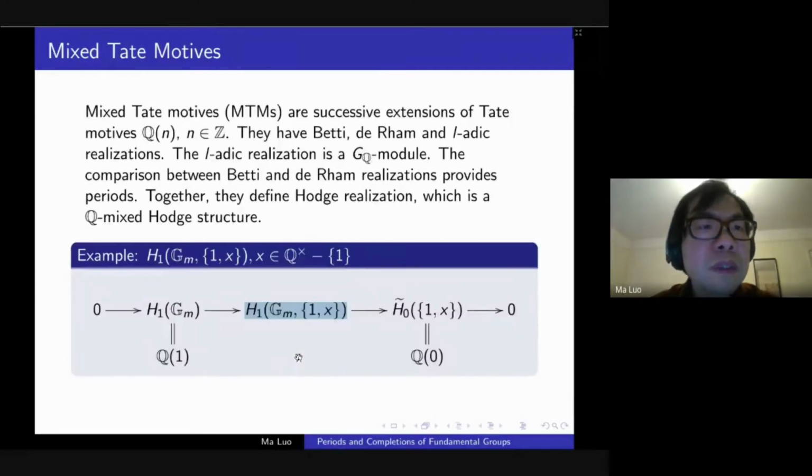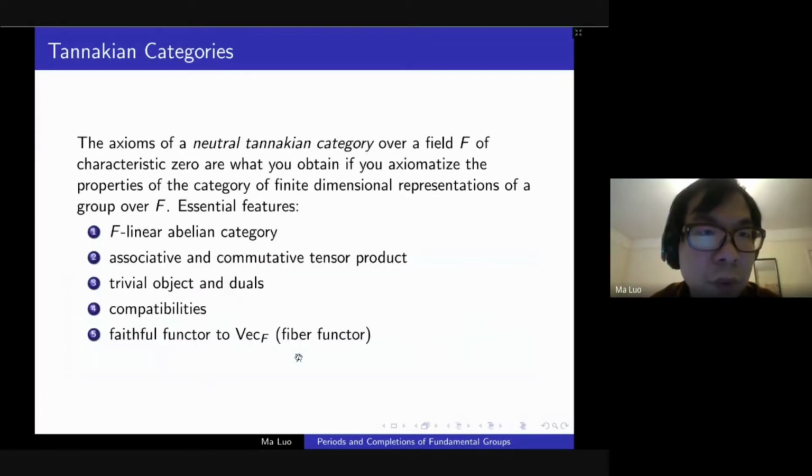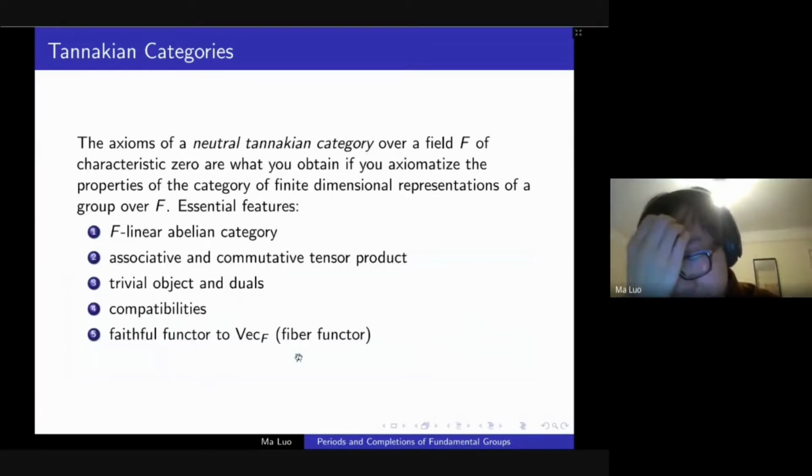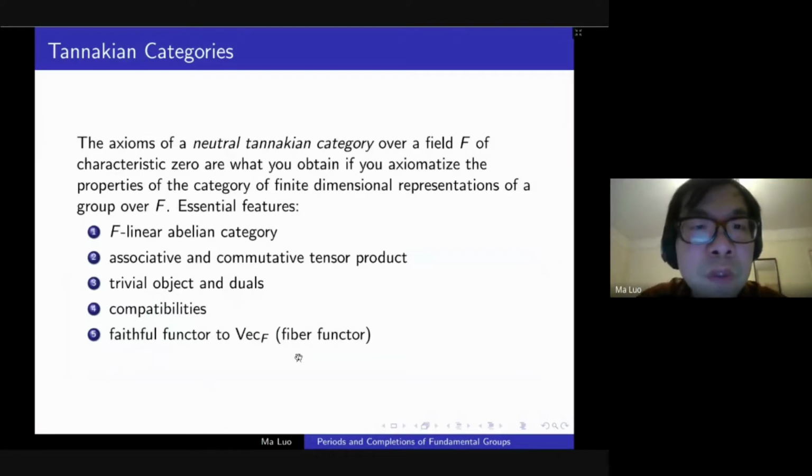So why are mixed Tate motives important? I guess this is the only place where we know how to construct genuine motives. And actually we have a Tannakian category of mixed Tate motives. So this is for people who are not familiar with Tannakian categories.